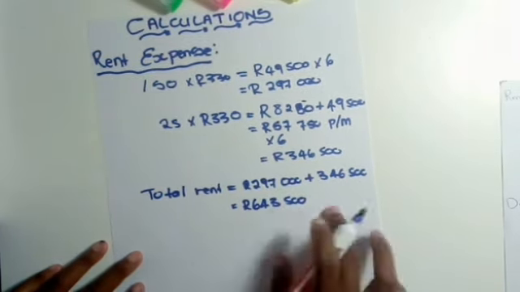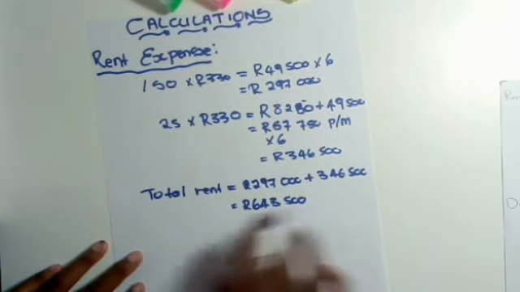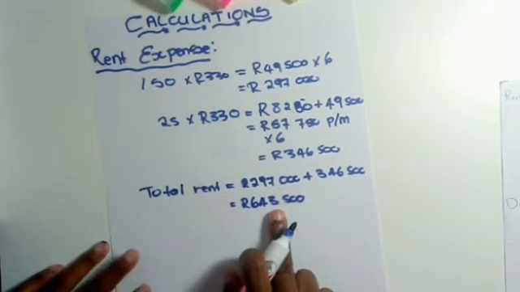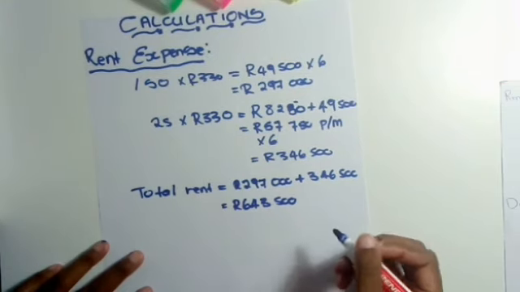Now this is the total that I paid. In this total that I paid, remember I also included March and April. So March and April will need to be subtracted because they do not belong to this financial year.